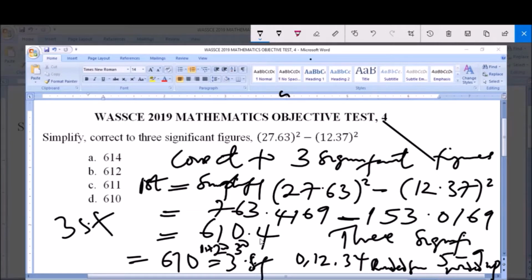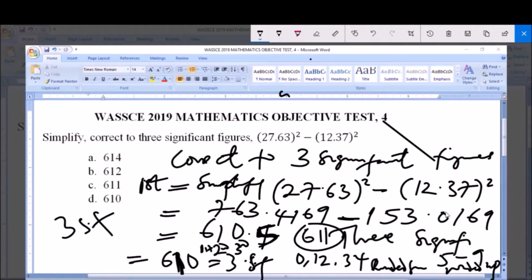Now if it were 5 here, it would be rounded up, and then you have something like 611. But since it is 4, you are having 610, and this is your correct answer, correct to 3 significant figures. When you are given a question like this, you write down all the values.